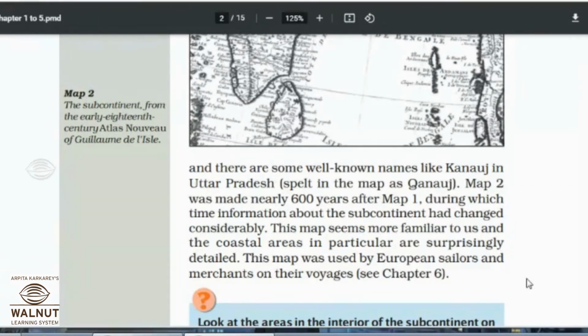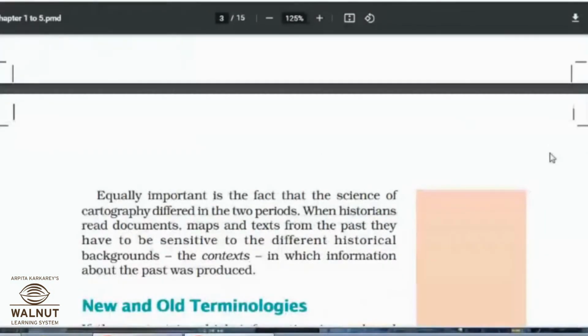This map seems more familiar to us, and the coastal areas in particular are surprisingly detailed. This map was used by European sailors and merchants on their voyages, means on their journeys. Equally important is the fact that the science of cartography, means the science to prepare maps, differed in the two periods that we can see, isn't it?